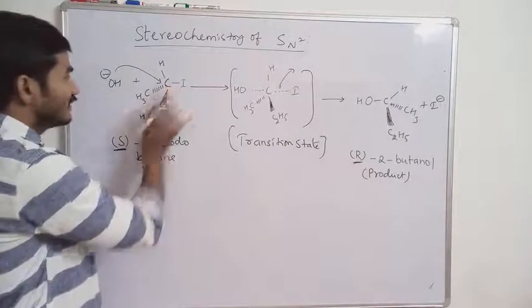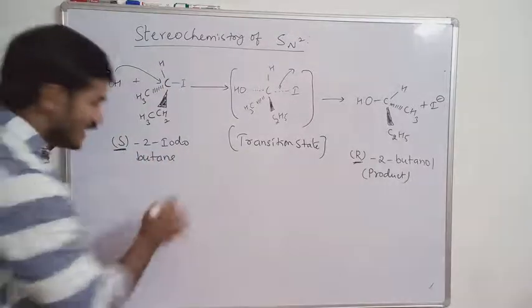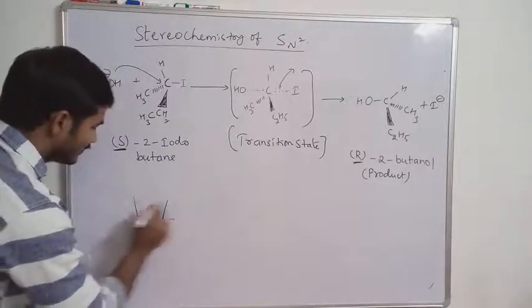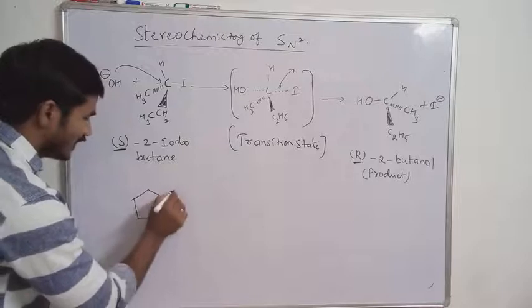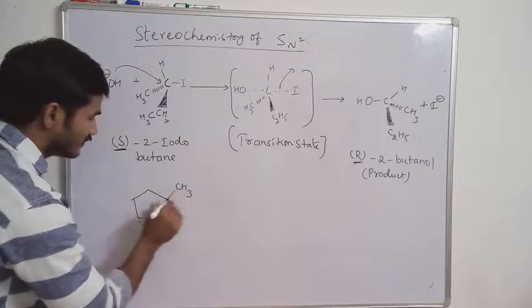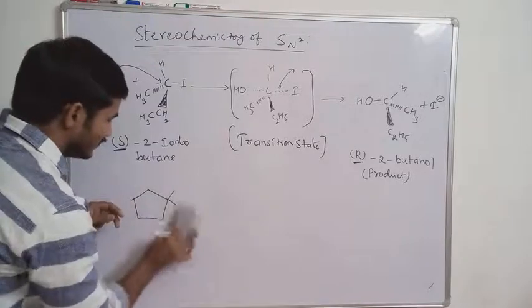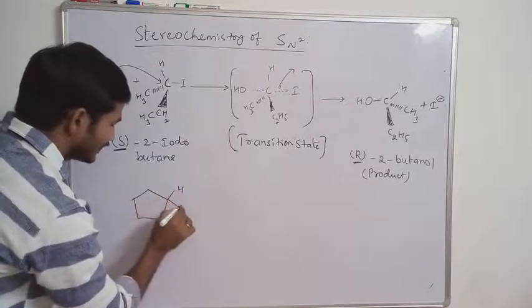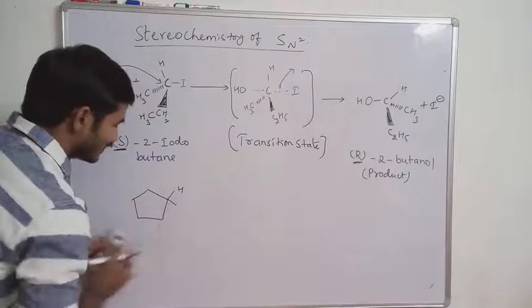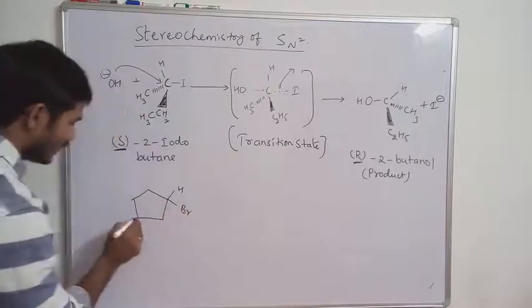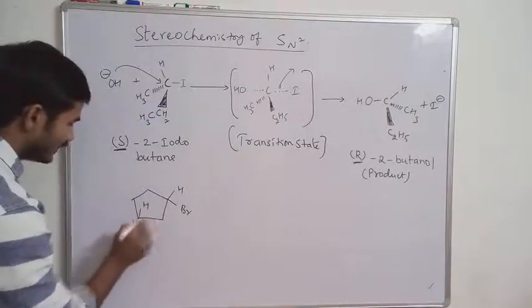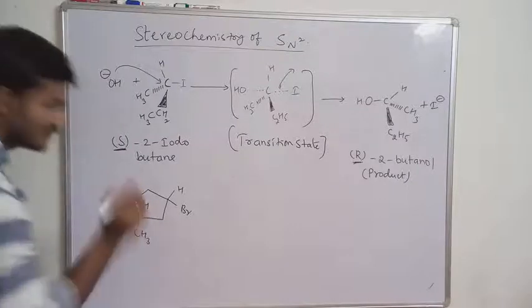This is a chiral carbon, that's why I get R and S. Another example I will take is this molecule with CH3, H, and here I write H, and here Cl or Br, bromide.